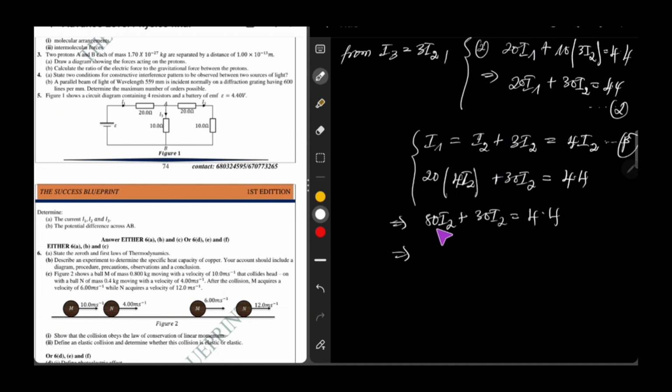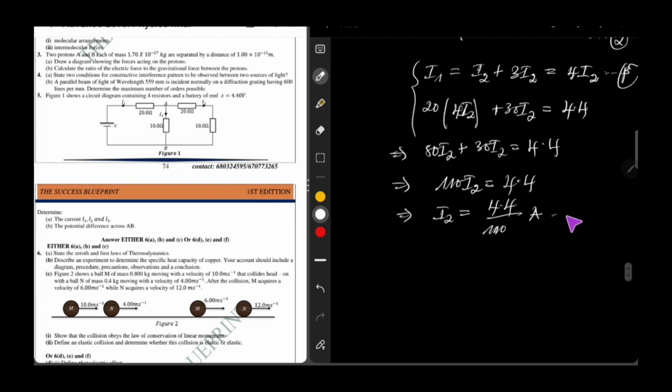Which means that 80 plus 30 is 110 I2 equal to 4.4. Dividing both sides by 110, I'm going to have I2 equal to 4.4 divided by 110. Remember, I is in amperes.